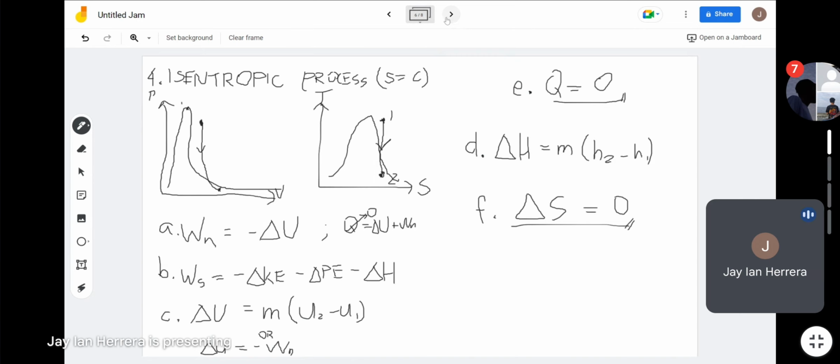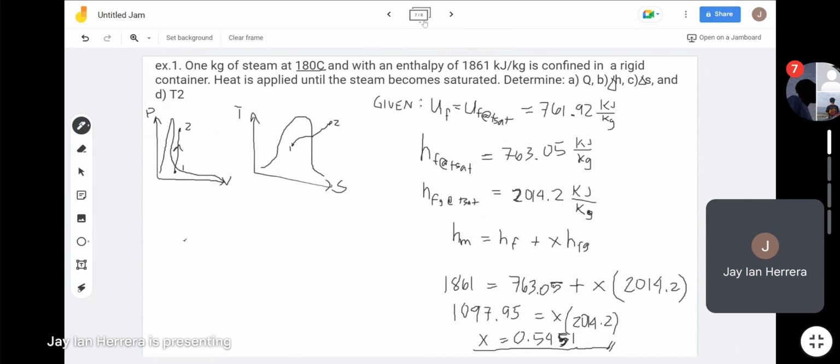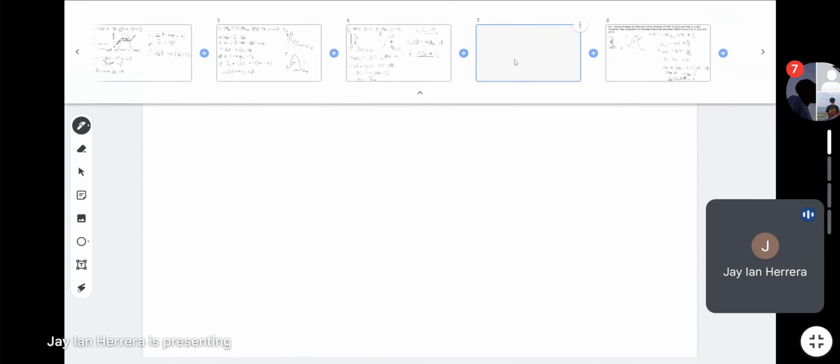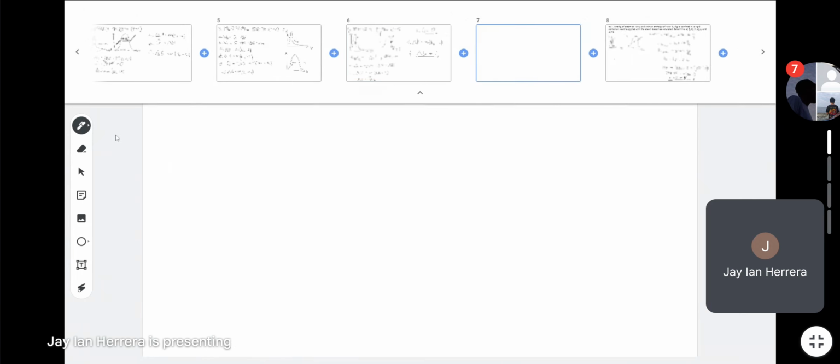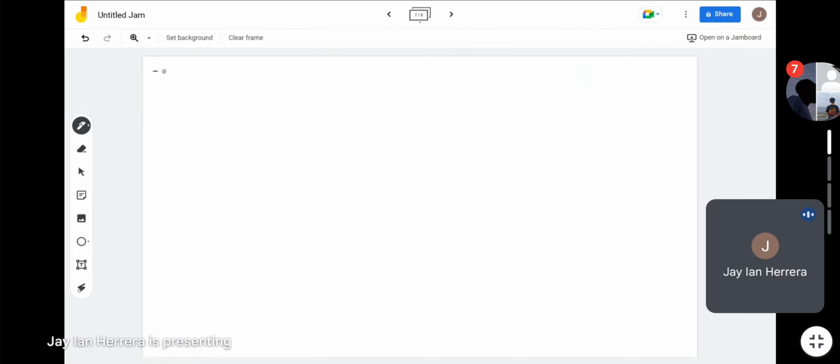So, meron pa tayong isang process. So, hindi siya yung polytropic, since polytropic is simply gawing N yung K. Our next process is the isenthalpic or constant enthalpy.